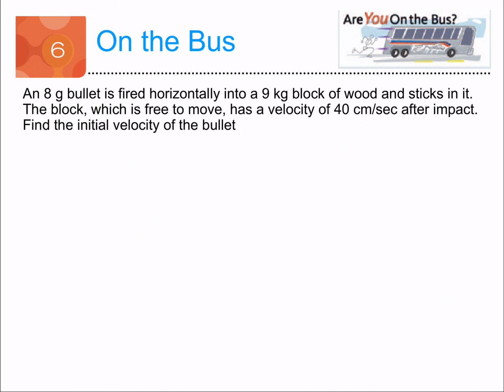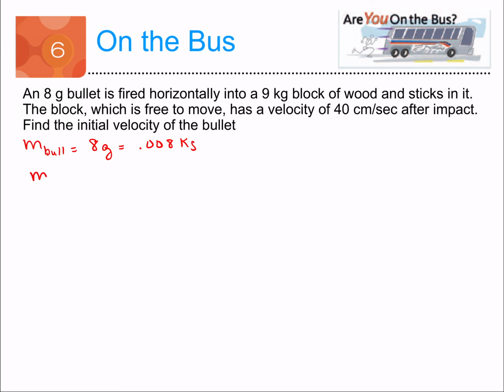Okay, let's try another one. Here we have an 8-gram bullet fired horizontally into a 9-kilogram block of wood, and it sticks in it. The block, which is free to move, has a velocity of 40 centimeters per second after impact. What is the initial velocity of the bullet? We're given the mass of the bullet to be 8 grams, so we change that to kilograms: 0.008 kilograms.